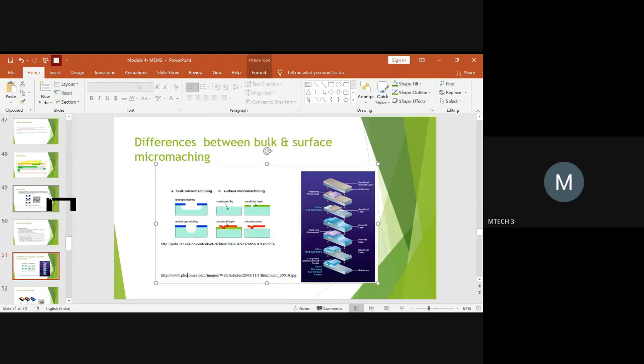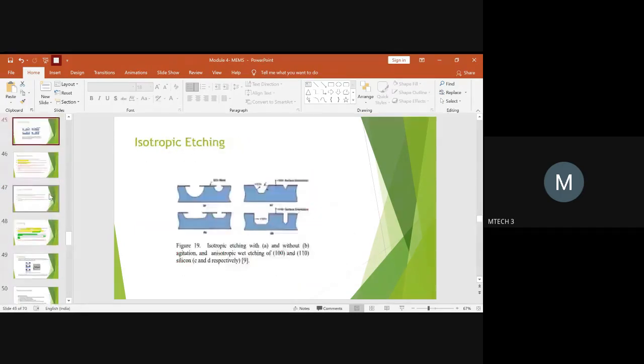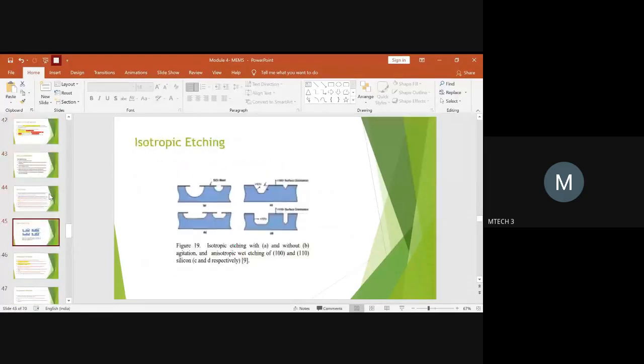But in the case of bulk micromachining, we used to have a substrate, and the etching was done in the substrate. We didn't have any supportive layer which acted as a sacrificial layer for removal. The substrate itself was the sacrificial layer where we did the etch out.